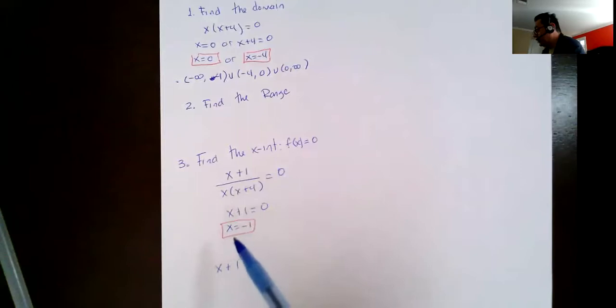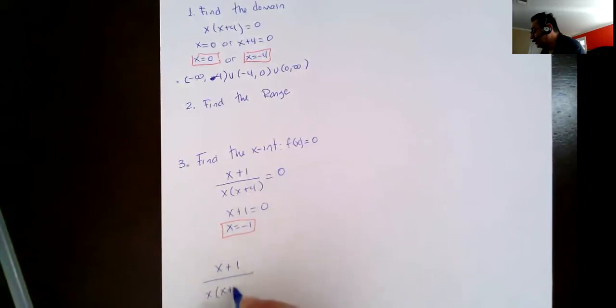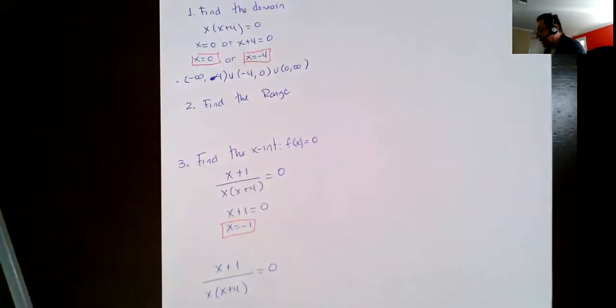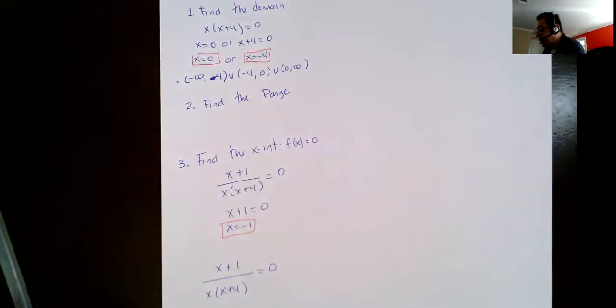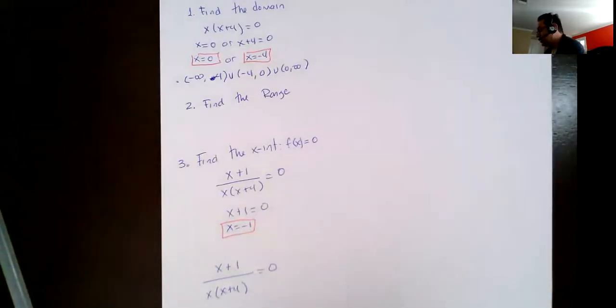This x plus 1 over x times x plus 4 equals 0. If I equate to 0 here and want to solve these rational equations, I'm gonna get rid of the denominator, which is x times x plus 4. In order to do that, I'm gonna find the least common denominator. What is the least common denominator?